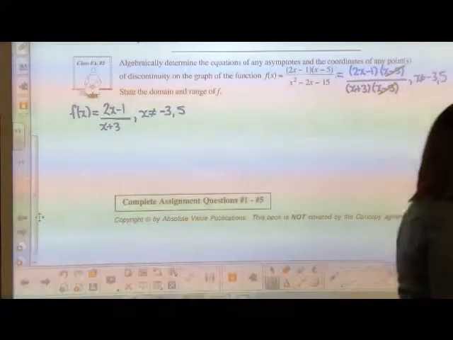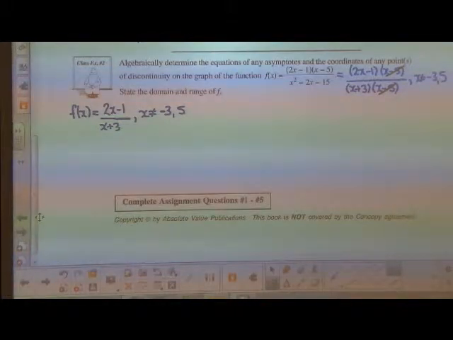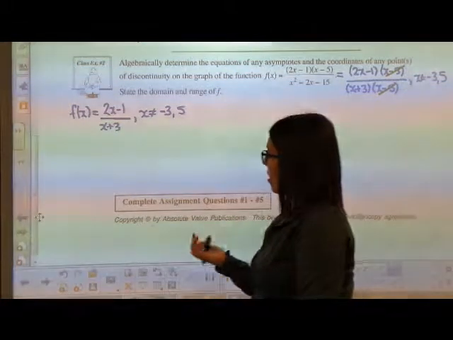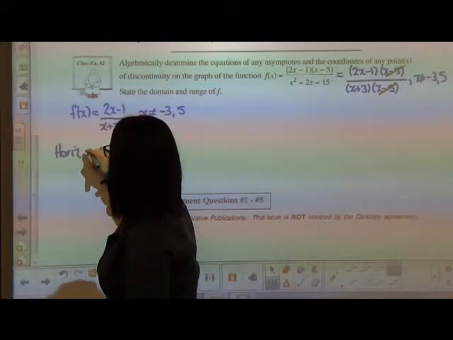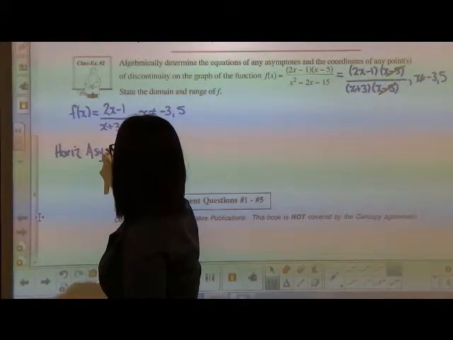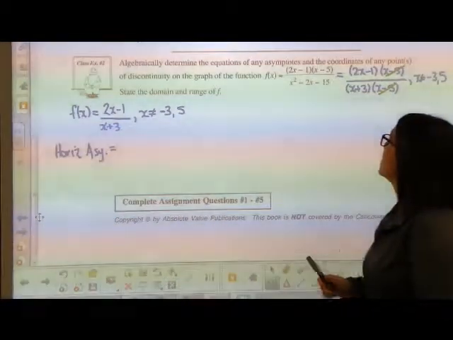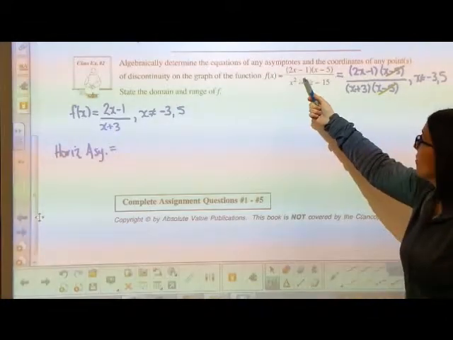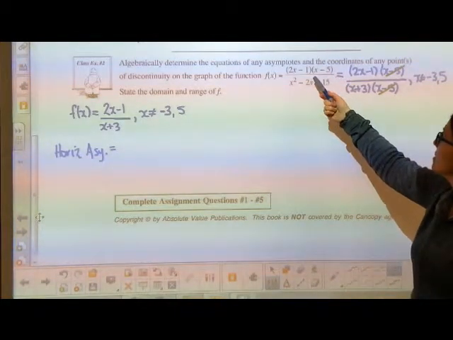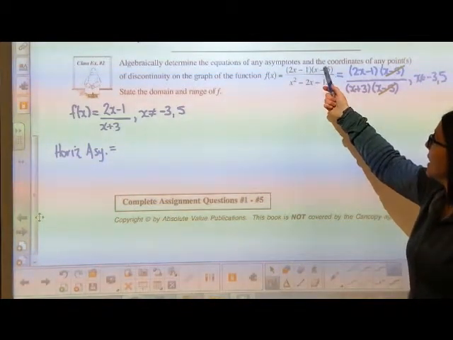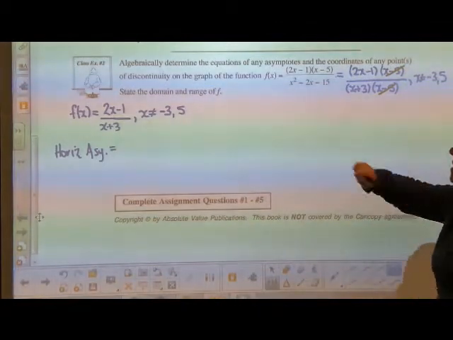So now we look at our asymptotes. Our horizontal asymptote, we look at the degrees. This, if I expand this out, is a second degree function, 2x squared minus 11x plus 5.